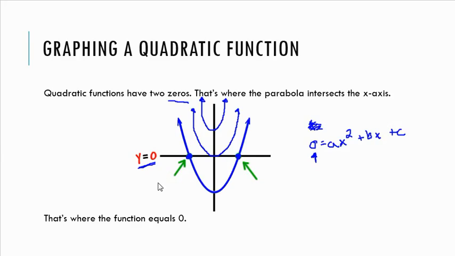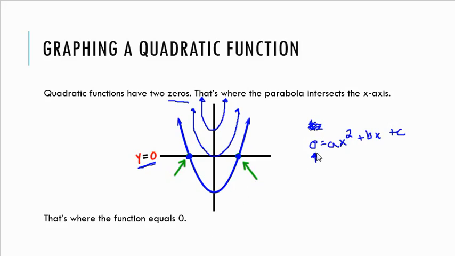So just a reminder that zeros are also where the parabola intersects the x-axis, so we can also call them x-intercepts. The y value there is 0. Y will always equal 0. We find zeros by setting the standard form of a quadratic equation equal to 0.